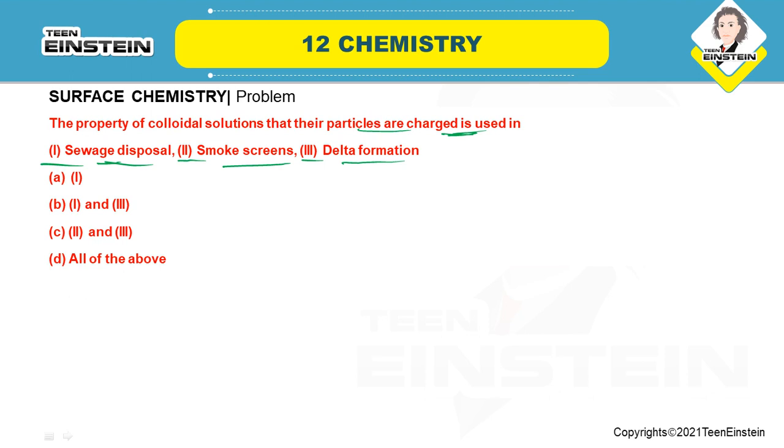So that is why delta formation happens. Delta formation is basically one type of coagulation. So basically we are using the charge. In all cases we are using the charge. So that is the reason that here the property of colloidal solution, that their particles are charged, this fact we are using.